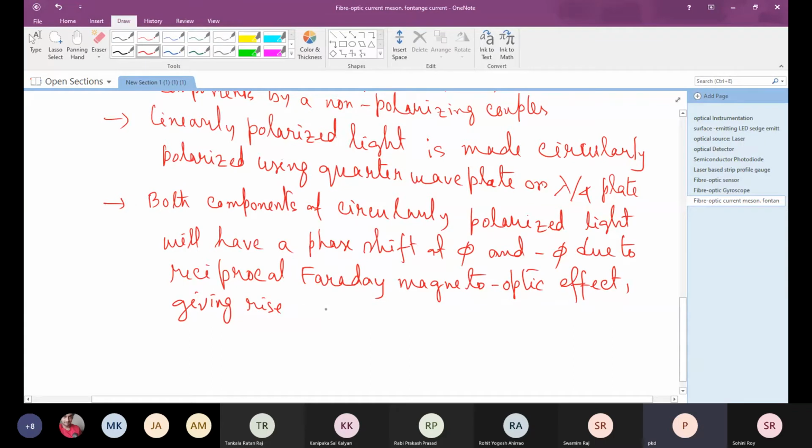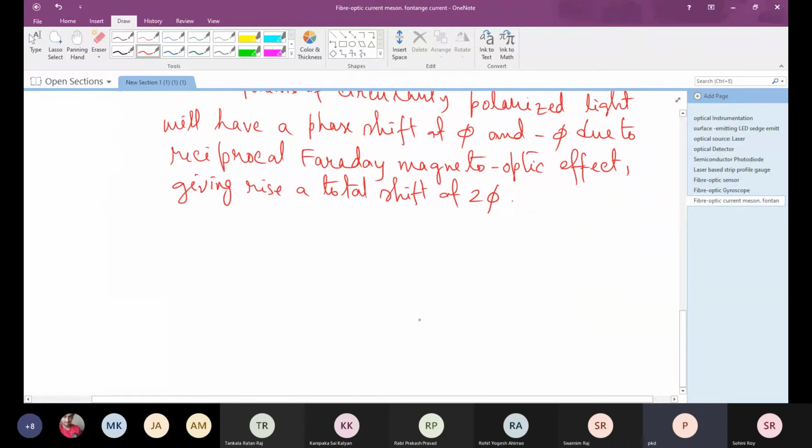This gives rise to a total shift of twice phi when combined together at the return.